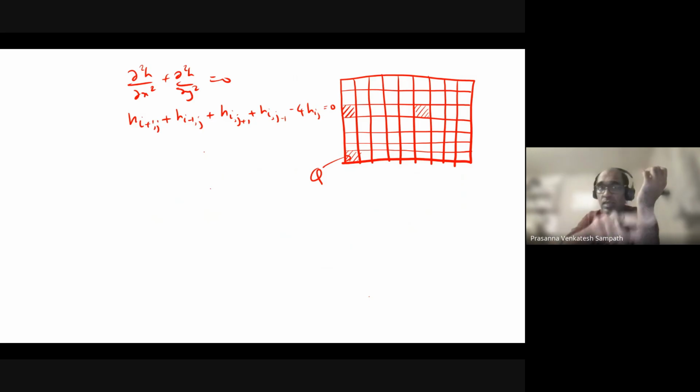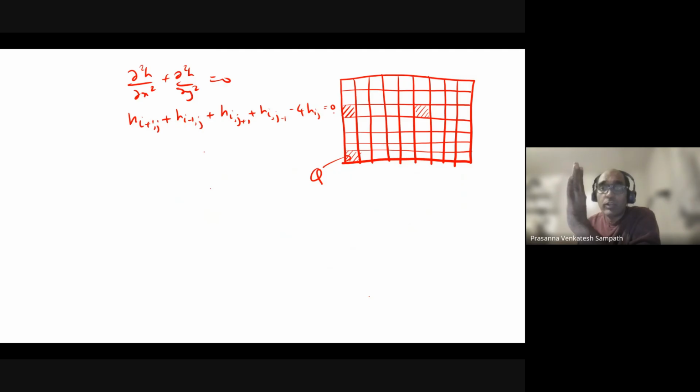Now the same equation applies to this cell also, but you will notice that there is only an i plus 1 term. There is no i minus 1. If this is, let's say, i equal to 1, then in this equation i plus 1 will be this next cell. But what about i minus 1? Is there an i minus 1 cell here?